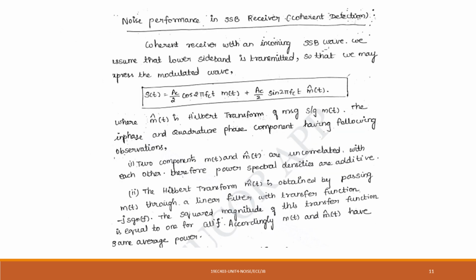And when we analyze this equation, we find that these two components, m(t) as well as m hat(t), which is the Hilbert transform of the original message signal, are uncorrelated with each other. So I say that the power spectral density will always be additive here.